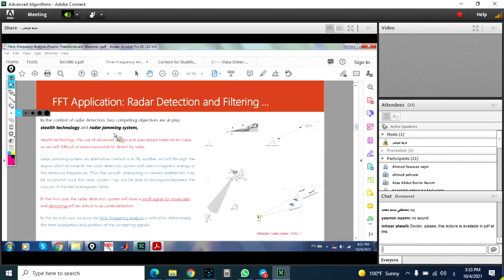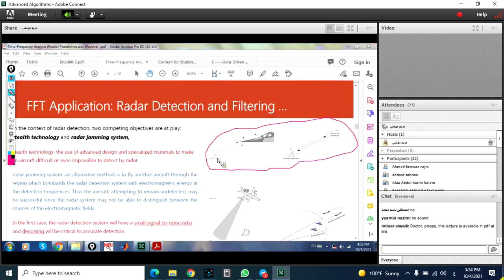From this simple system, we can build other examples, for example stealth technology or a radar jamming system. In stealth, the shape of the target is specific so it reflects waves to other directions, as you see here.